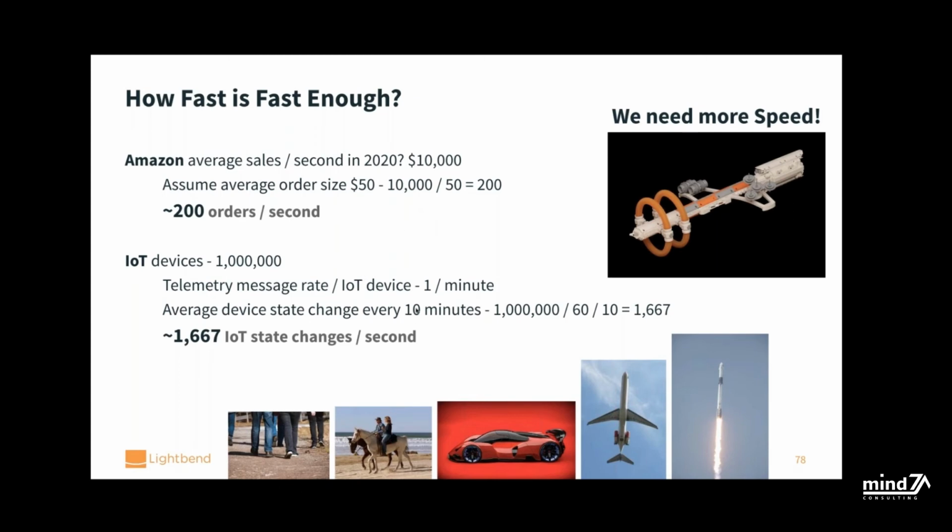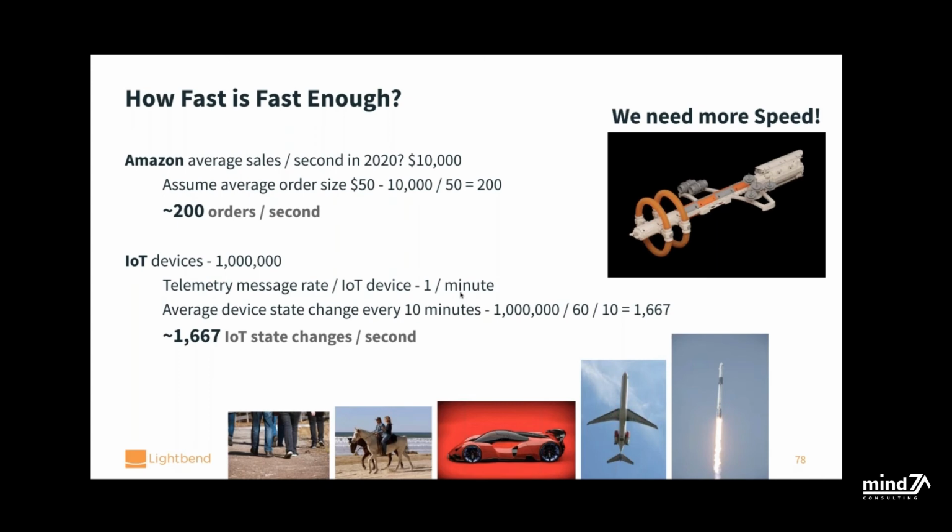Now, I also played with IoT devices and said, all right, let's assume we have an IoT system with 1 million devices and say that something interesting that will actually trigger a state change happens, say, every 10 minutes. And these IoT devices, which is fairly common from what I understand, send in a message every minute: hey, I'm here and this is my state, and nothing's changed.